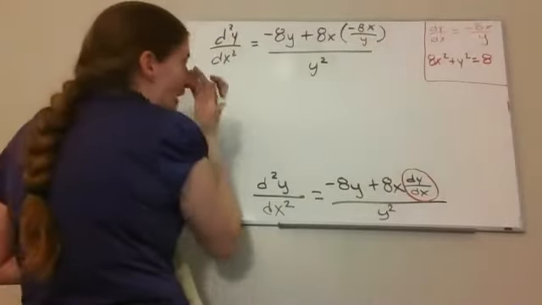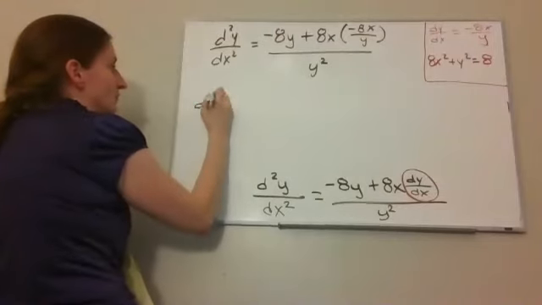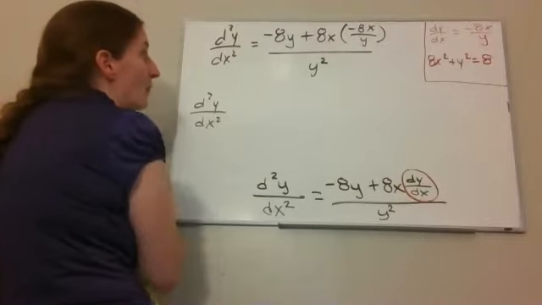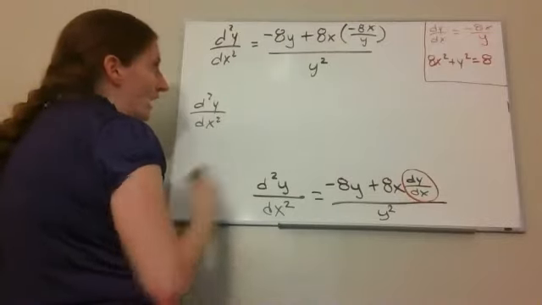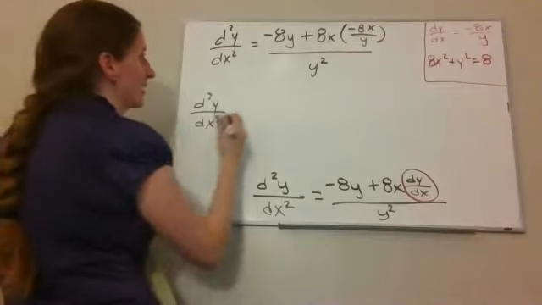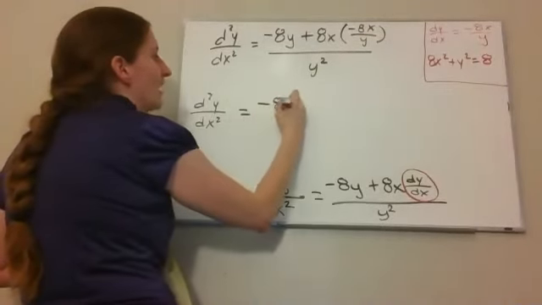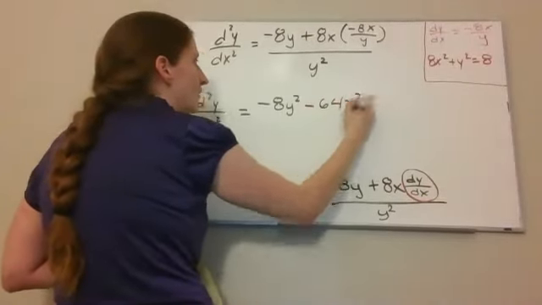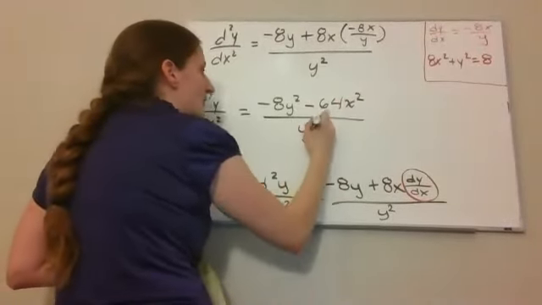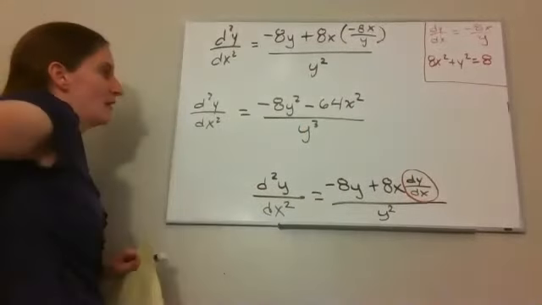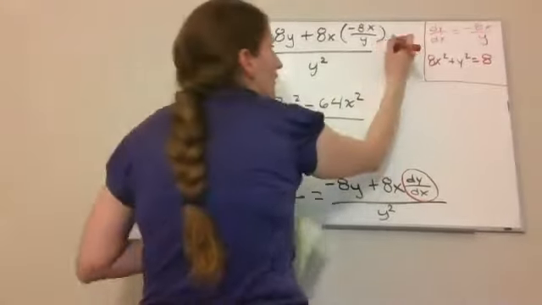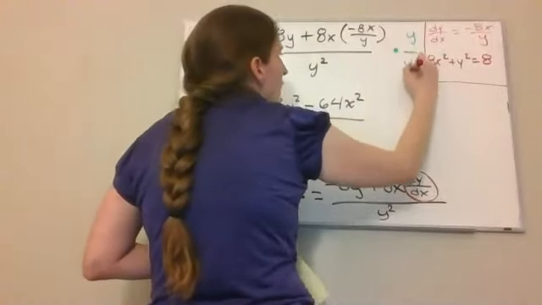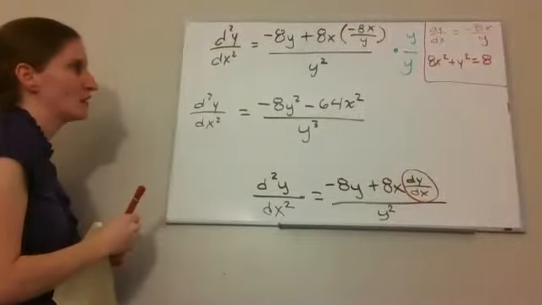And we can simplify this even more. If I multiply both the top and the bottom by y to get rid of this extra fraction up here, I'm going to get negative 8y squared minus 64x squared all over y to the third. So in case you needed that step, I'm just going to write a little note here. I'm multiplying the entire fraction by y over y to get this result.